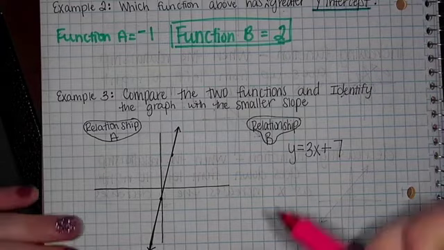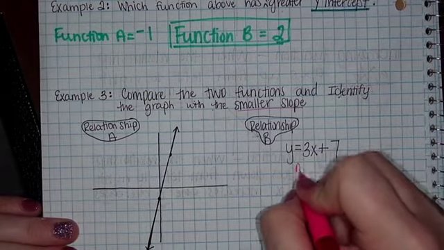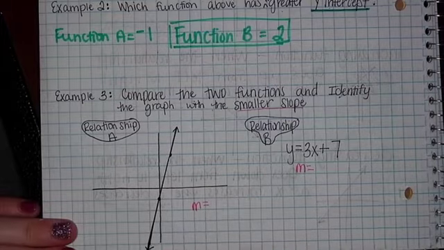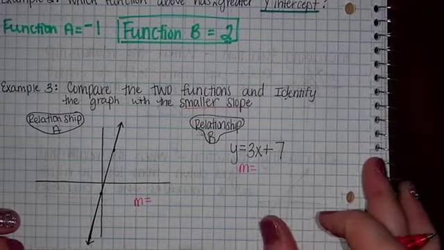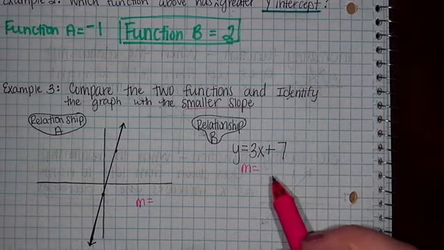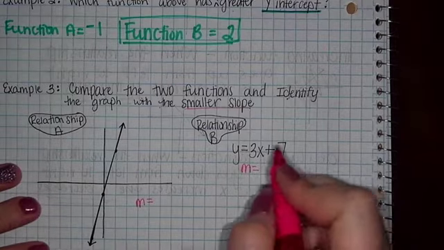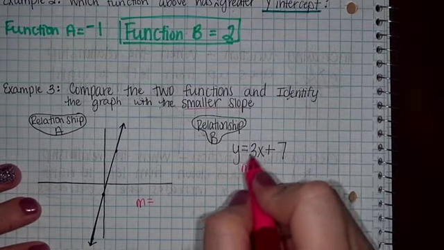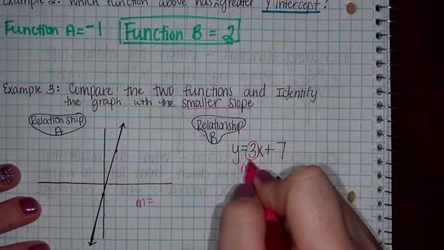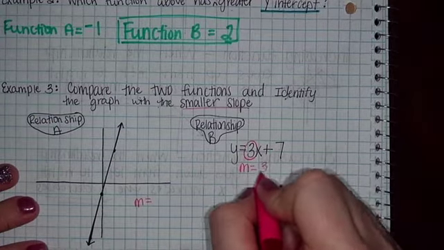Since we're talking about slope again, I'm going to write m equals on this one, and I'm going to write m equals on this one. If I want to find which one has the smaller slope, I definitely need to figure out what the slope of each of them is. So for the equation, we remember it's mx plus b. The slope is always with x, so it would be 3.